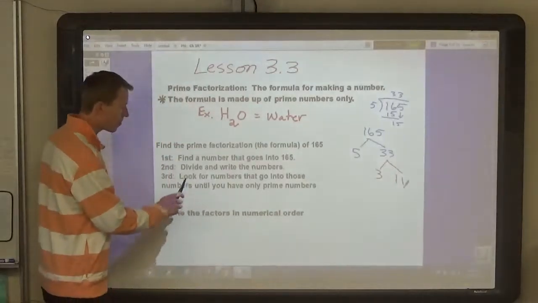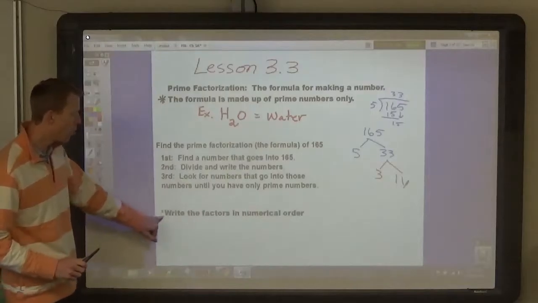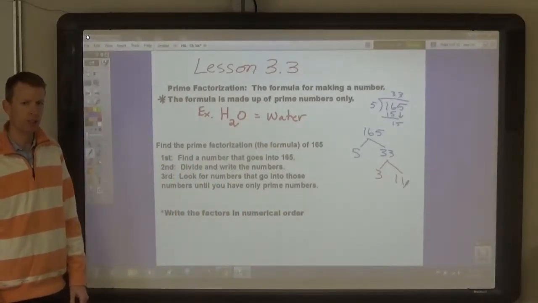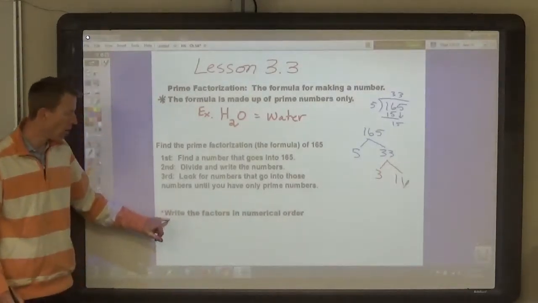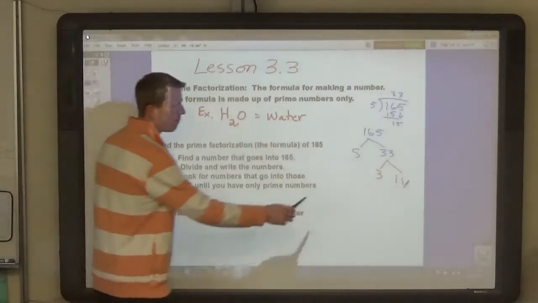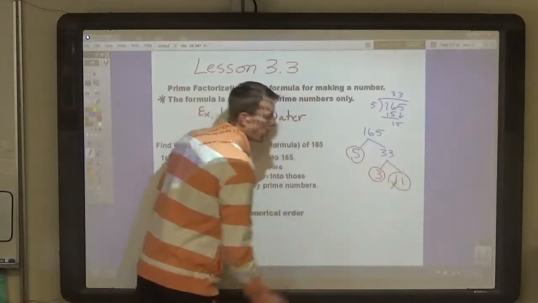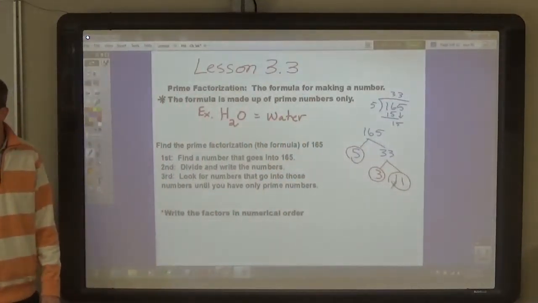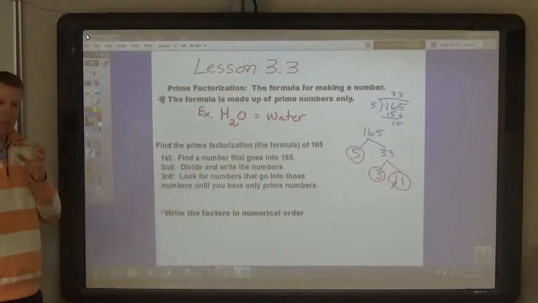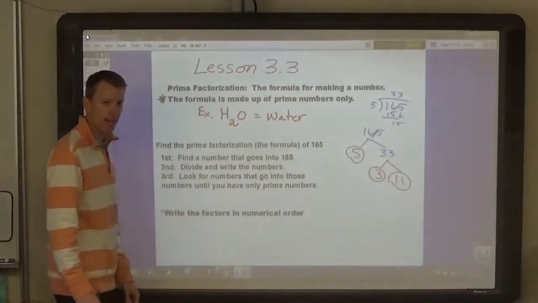But once you have all prime numbers, now you write the formula for the number using prime numbers. And the formula writes the factors in numerical order. The prime factors, 3, 5, and 11. They're all prime numbers, right? You with me? So you circle that. Nod your head if you're with me. Now when we multiply them out, they equal 165.